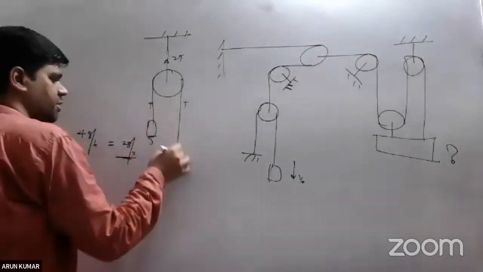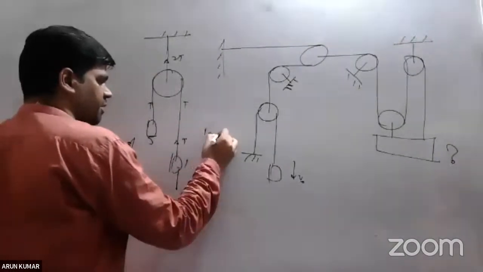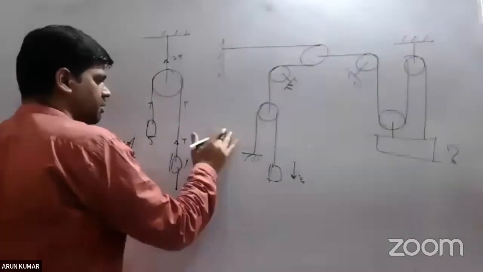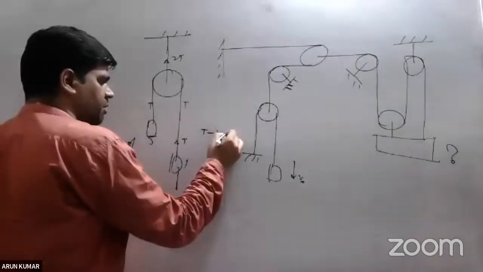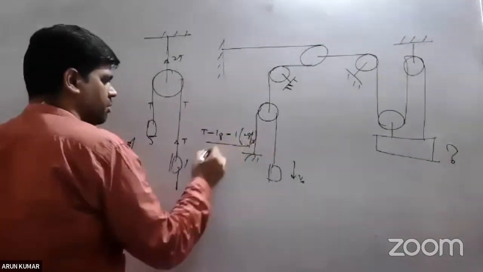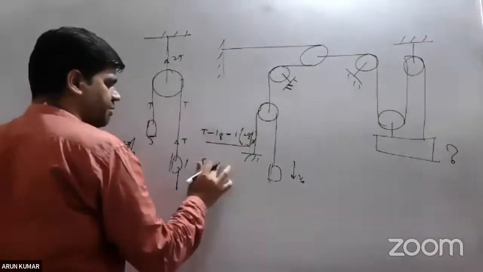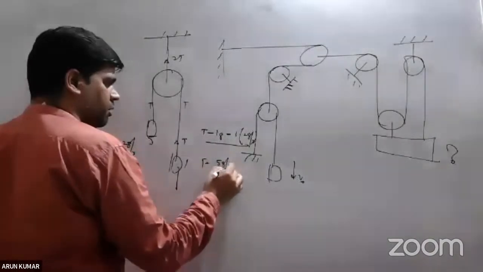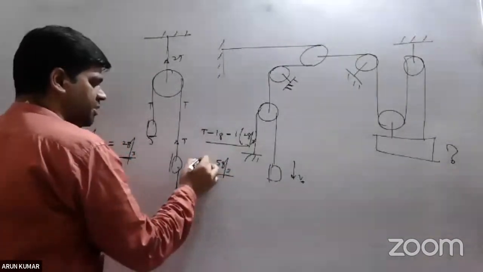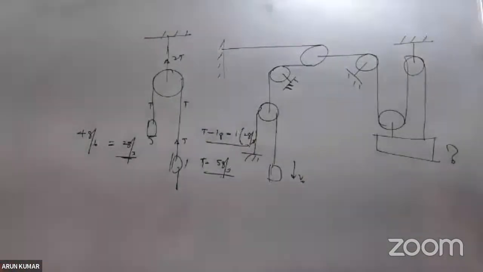Now this goes up, this comes down. ఇది tension T అనుకుంటే ఇది 1g అనుకుంటే, T minus 1g is equal to 1 into 2g by 3. So T is equal to 5g by 3, right? Yes, sir. If T is 5g by 3, my spring balance should be double of this one. That is 10g by 3.